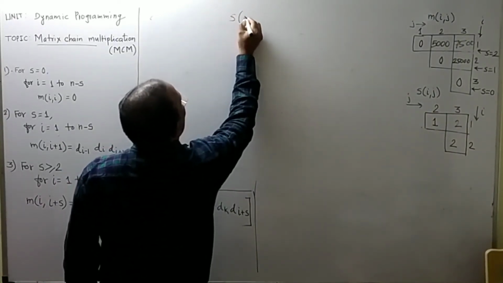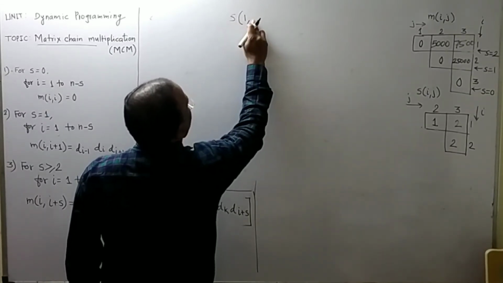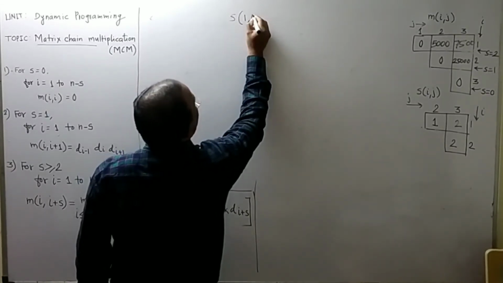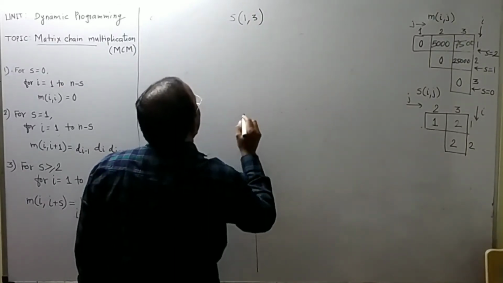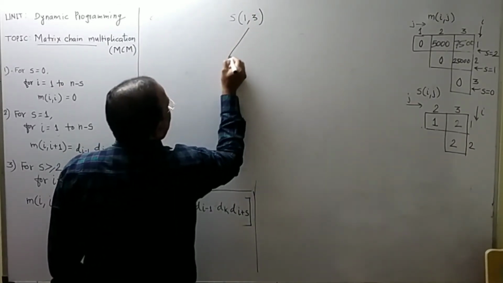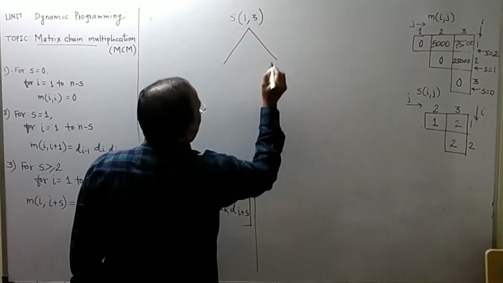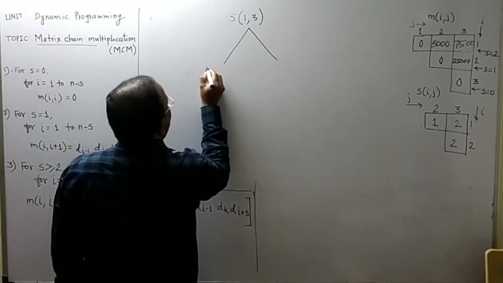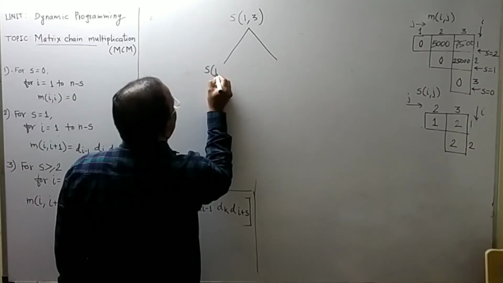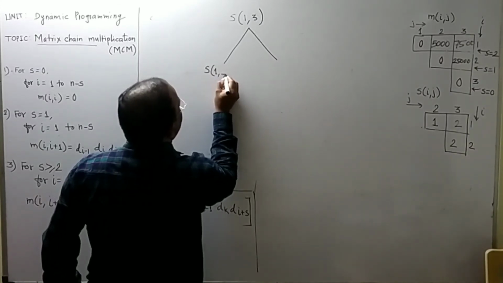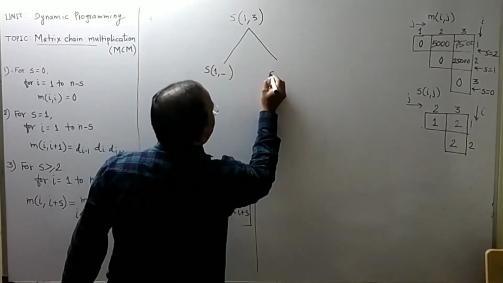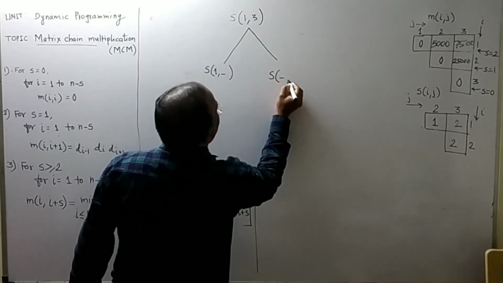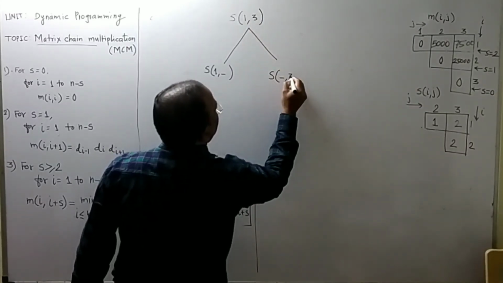S of 1 comma n, so the value of n is 3. From this, show two children, a left child and a right child. Here is S of 1 comma dash and here is dash comma 3.